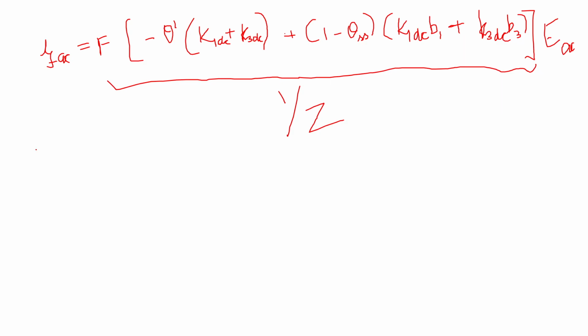So that we already saw, where we saw that d theta by dt is nothing but equal to... Excuse me, ma'am. Yes, tell me. You have just now told that this IFAC is 1 minus theta SS into K1 DC plus K3 DC.